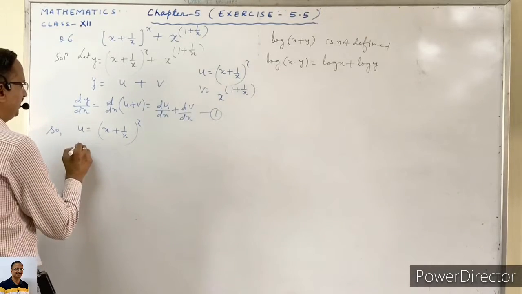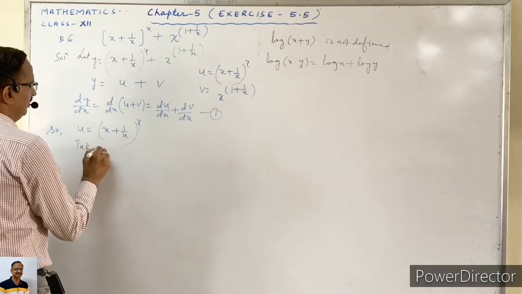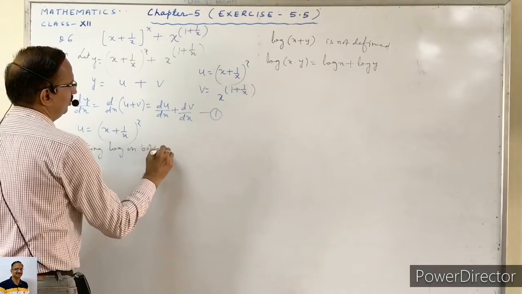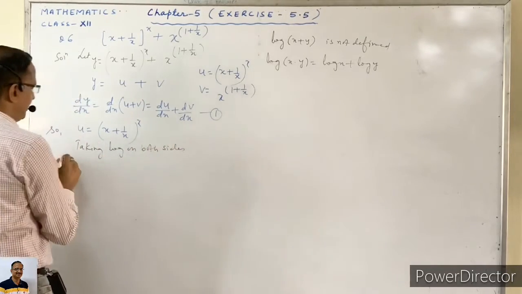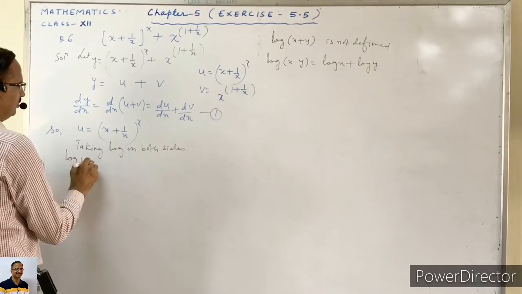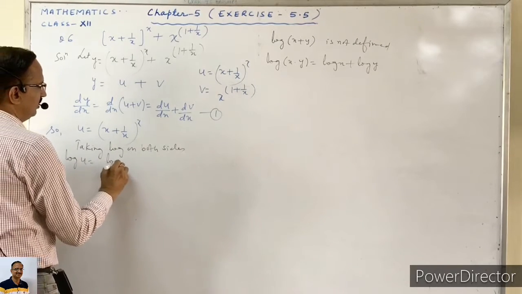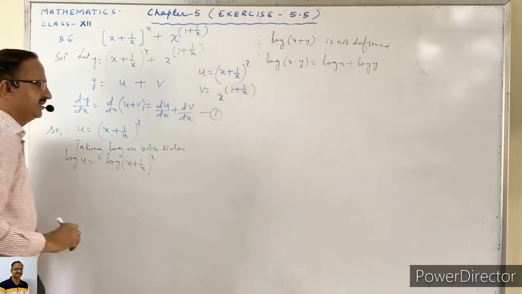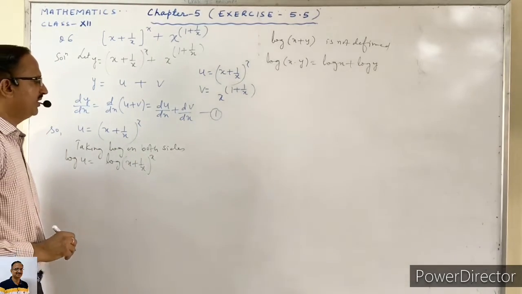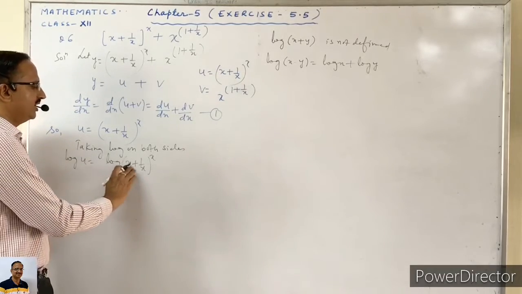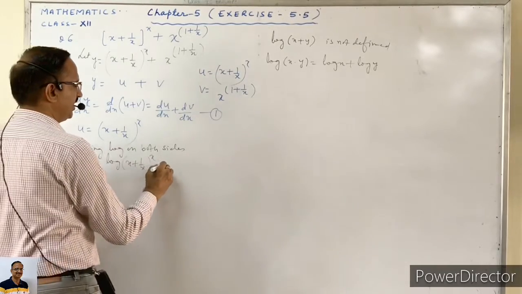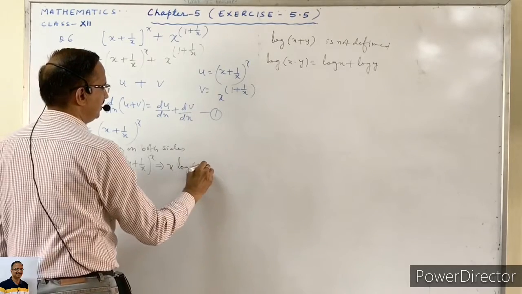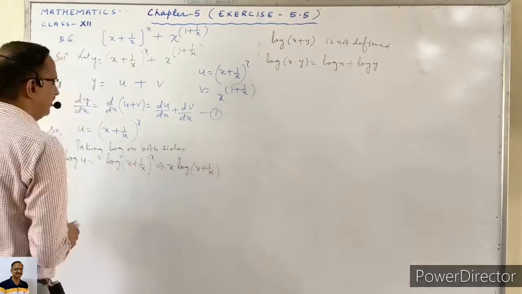So we can write, taking log on both sides, log u = log (x + 1/x)^x. Now by the property of log, log a^n can be written as n log a, so this is x log(x + 1/x).